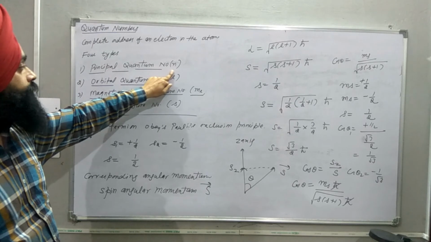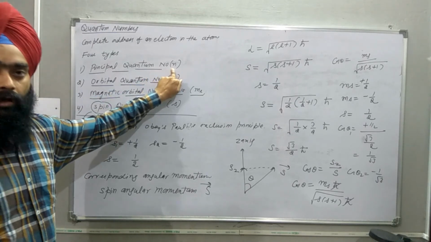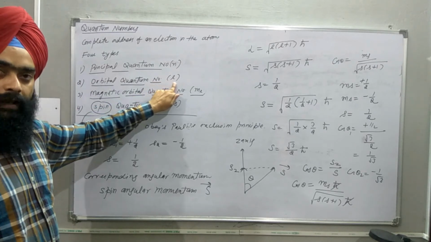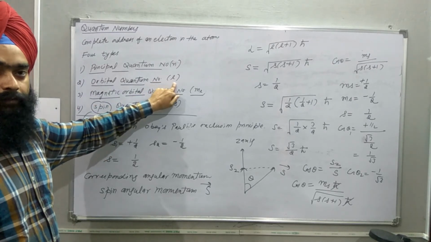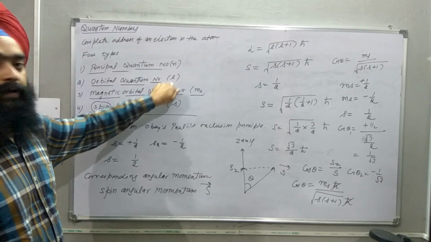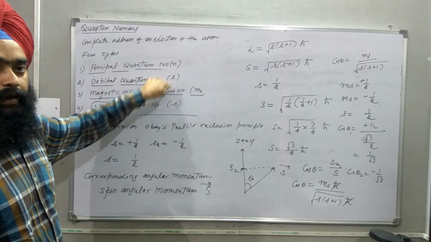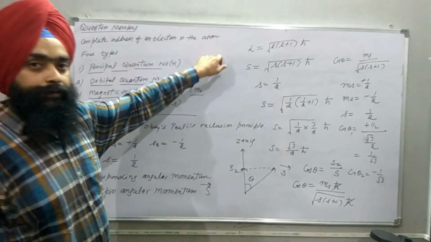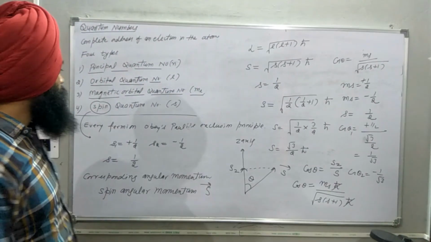It is an integer. If n is equal to 1, it is called the ground state. For values of L, we have names of subshells. For L equal to 0, we have s. For L equal to 1, we have p. For L equal to 2, we have d. s, p, d, f.